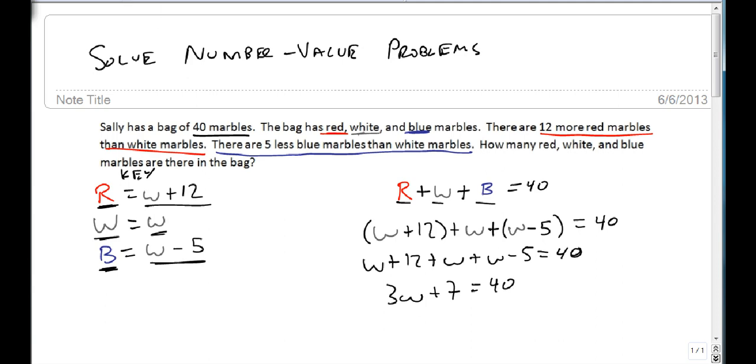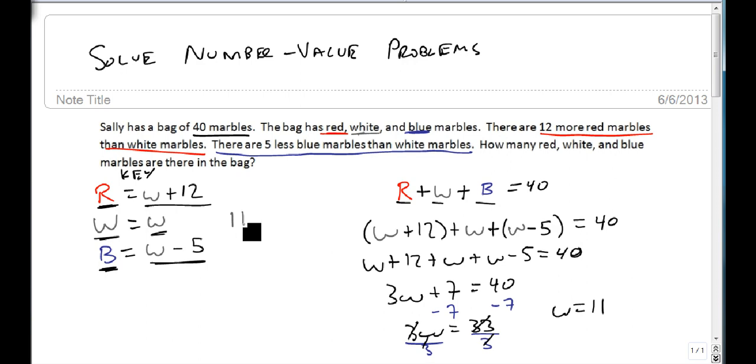Now we can solve this. Subtract 7 from both sides to get 3W equals 33. Divide by 3 and get W equals 11. Oh, look at that. We have 11 white marbles in our bag.